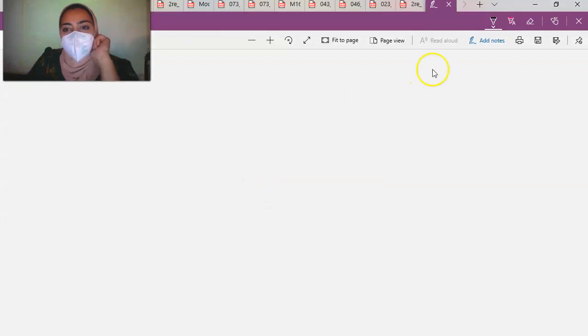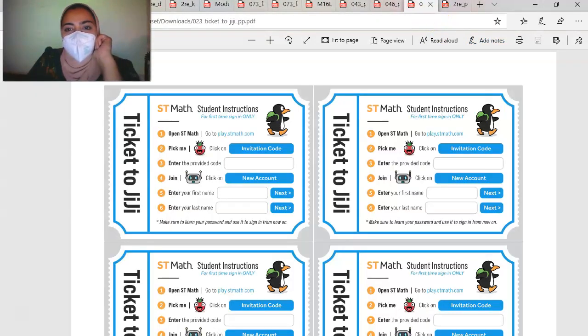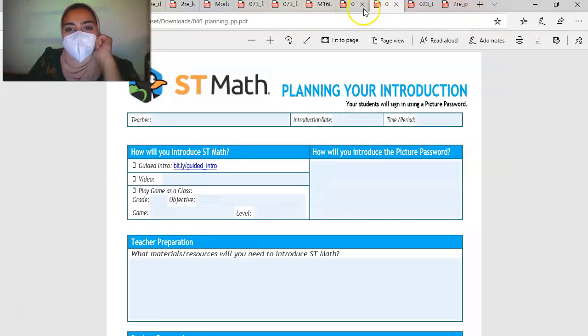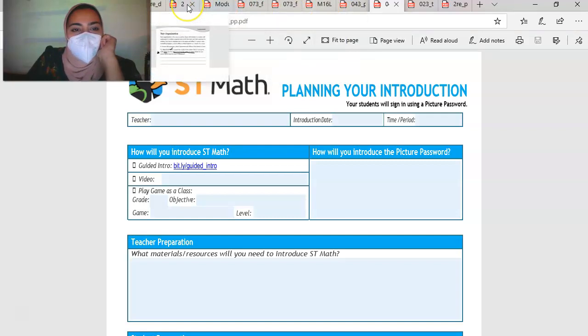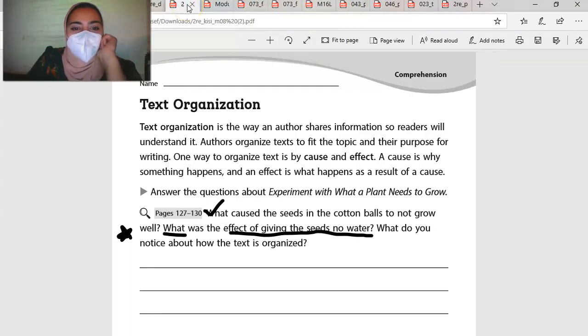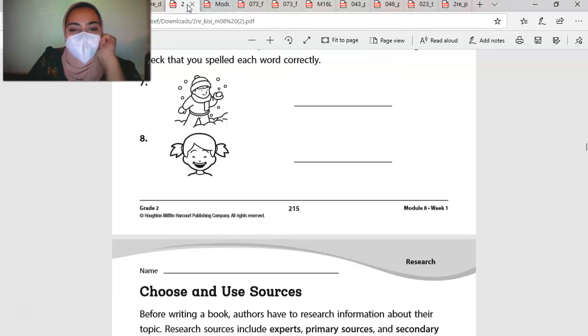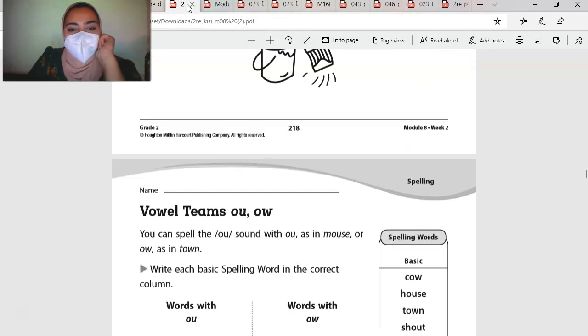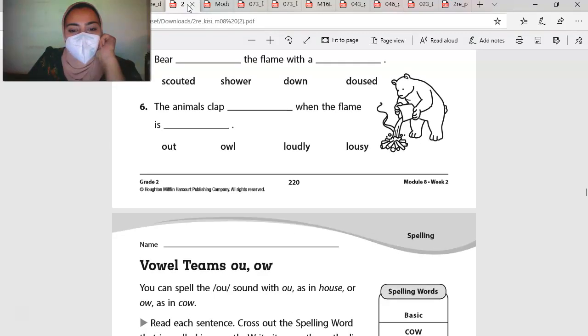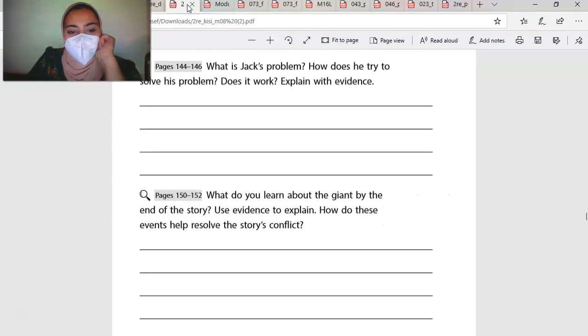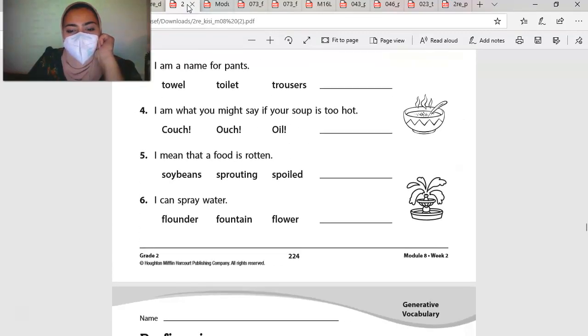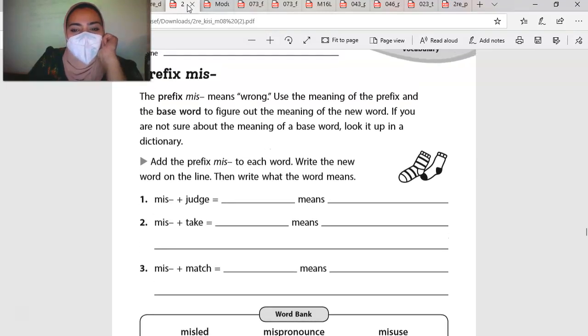It's about prefixes. A prefix is the part of the word that's in the beginning, and a suffix is the end part of the word. So let's see, this is page 225.